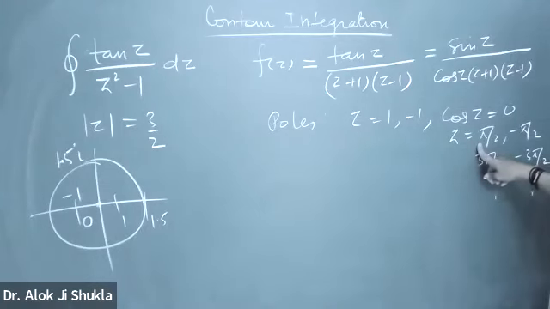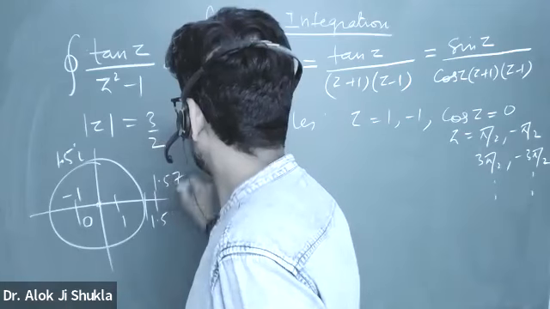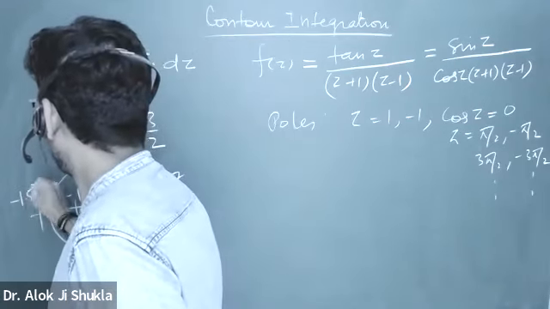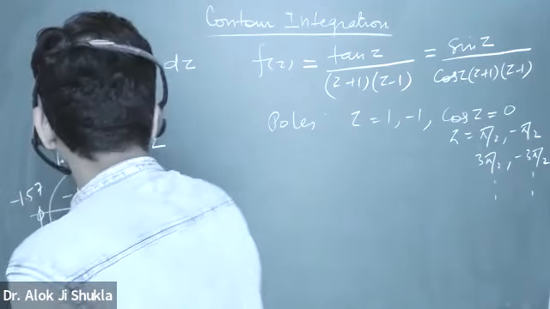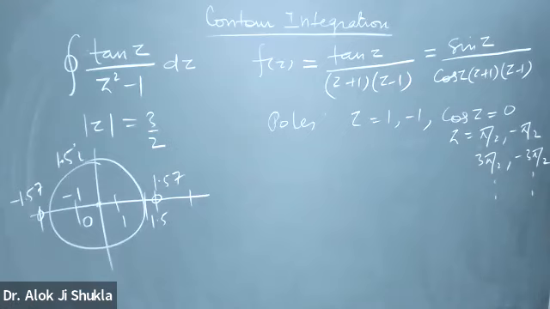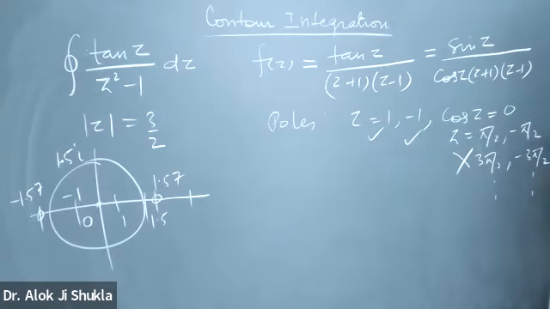Pi by 2 means 3.14 by 2, which is 1.57. So this will go outside, and here minus 1.57 will also go outside, and others will obviously be outside. So only two poles lie inside the contour, so only they will be considered. This cos thing will not be considered as it goes outside the contour.